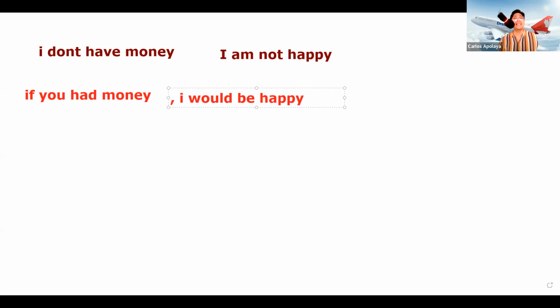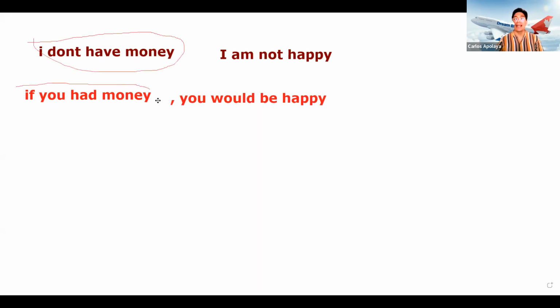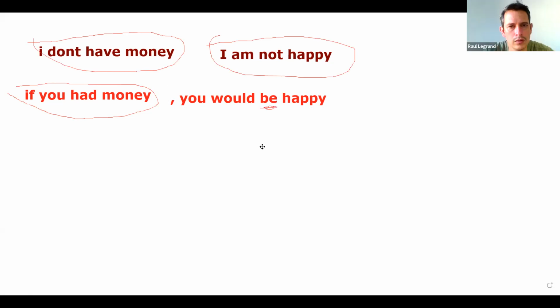Si tú tuvieses dinero, yo sería, o tú serías feliz, ¿sí o no? Sí. Entonces, truco. Un ratito. Listo. Cuando tú tengas una oración en presente, lo pongo en pasado. Si está en presente, lo pongo en normal. Would be. Okay. You would be.